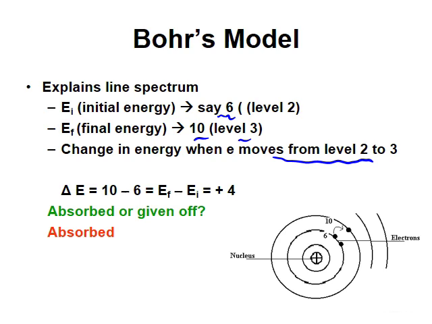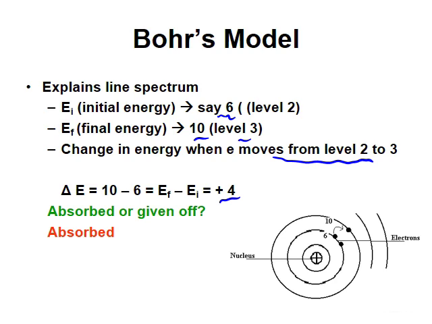It must be absorbed, because you must have that extra energy to move from level 2 to level 3, and that energy is 4 units of energy. In this particular case, the electron has to absorb 4 units of energy before it moves from level 2 to level 3. What would happen if the electron jumps back from the third level to the second level?